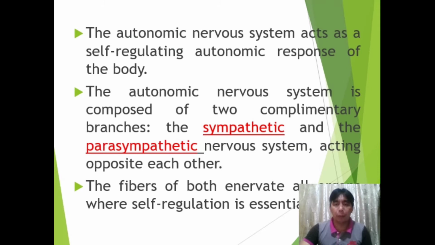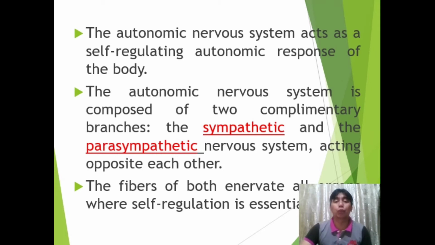So we have here what we call the autonomic nervous system, which is still part of the central nervous system, and acts as the self-regulating autonomic response of the body. From the word autonomic, meaning automatic response, you don't need to command or give a signal to a part of your body for it to move.